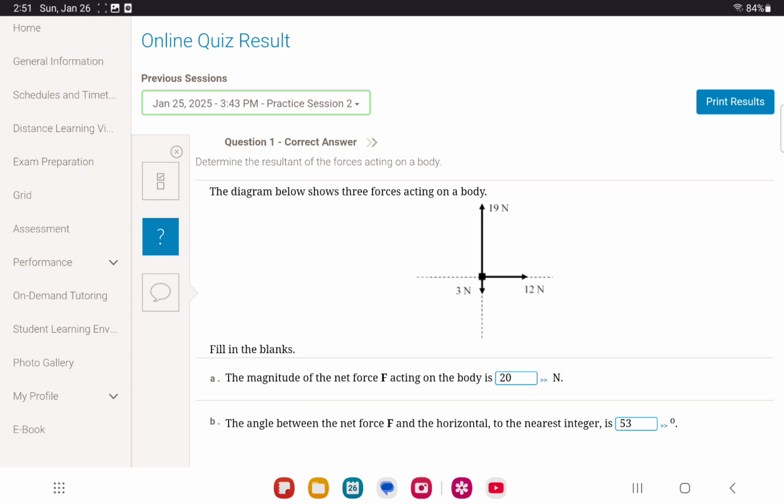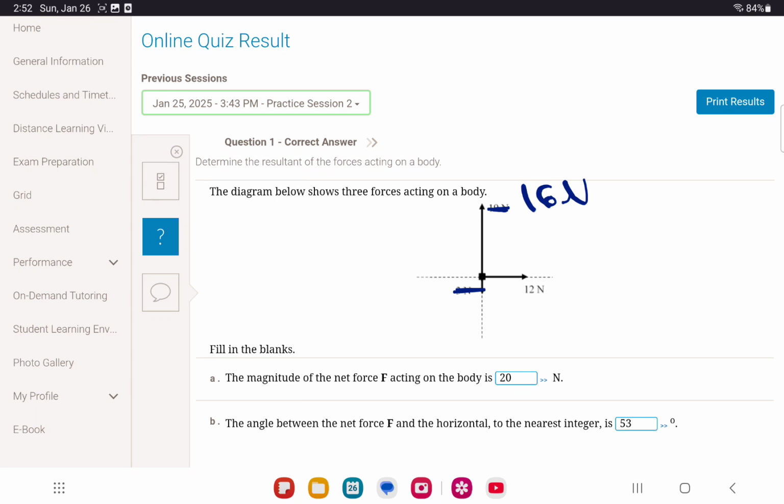So here we have opposite forces going up and down, so we have to cancel this first. So 19 minus 3 equals 16. We cancel this one and we put 16 newtons upwards because 19 is greater than 3. So this is 16 newtons, magnitude.